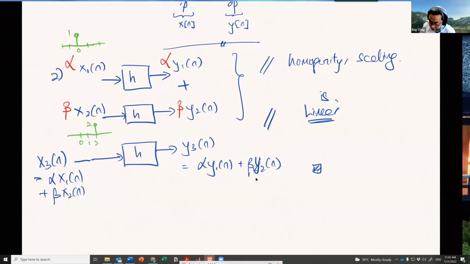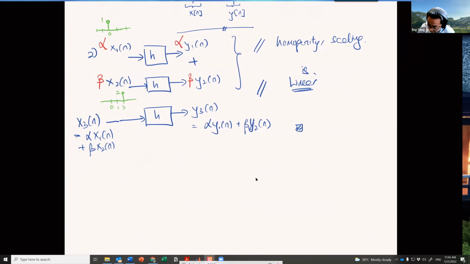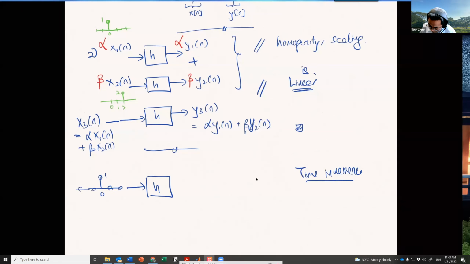All right, the other thing which makes this system useful is something called time invariance. Now, remember that the most important input is the impulse. So if I send an impulse and the rest is 0, what is y of n? I told you that whatever sequence comes out is called the impulse response. It is a sequence of numbers.